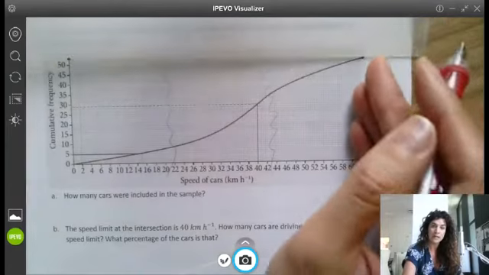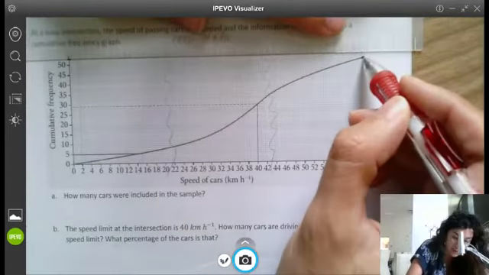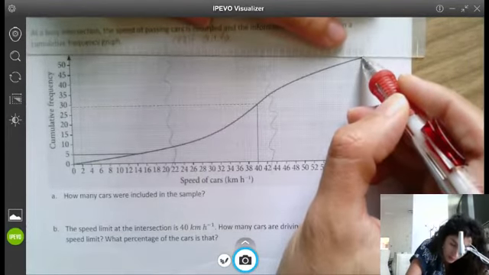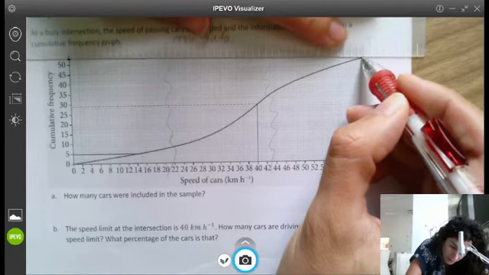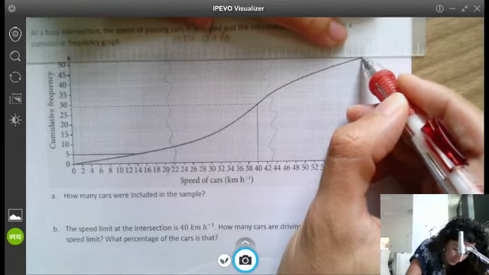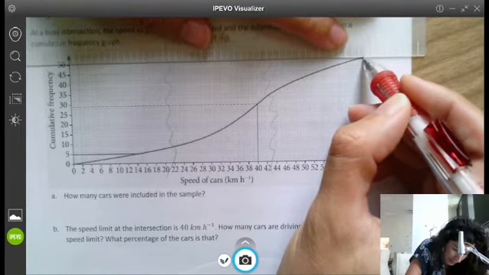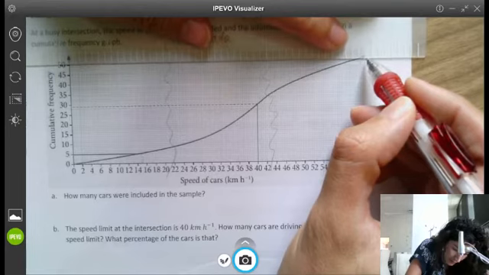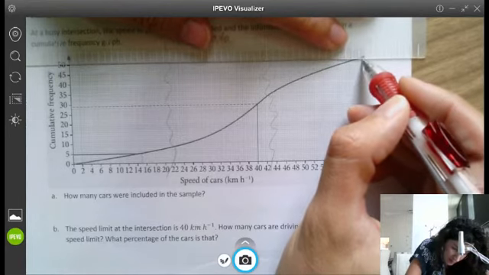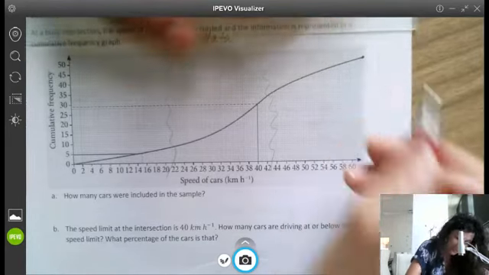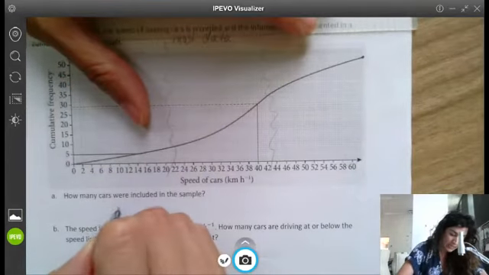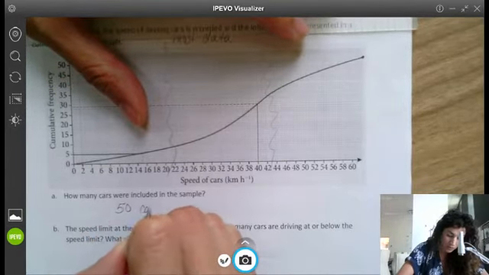I'm going to use a ruler to follow the line that goes back, and it looks like the line that goes back for us is 50. So I'm going to say 50 cars.